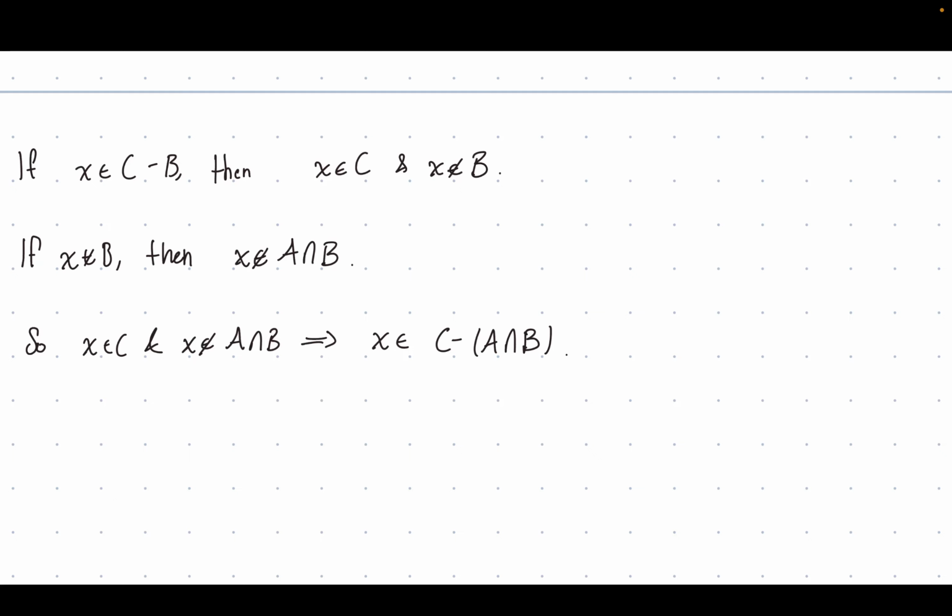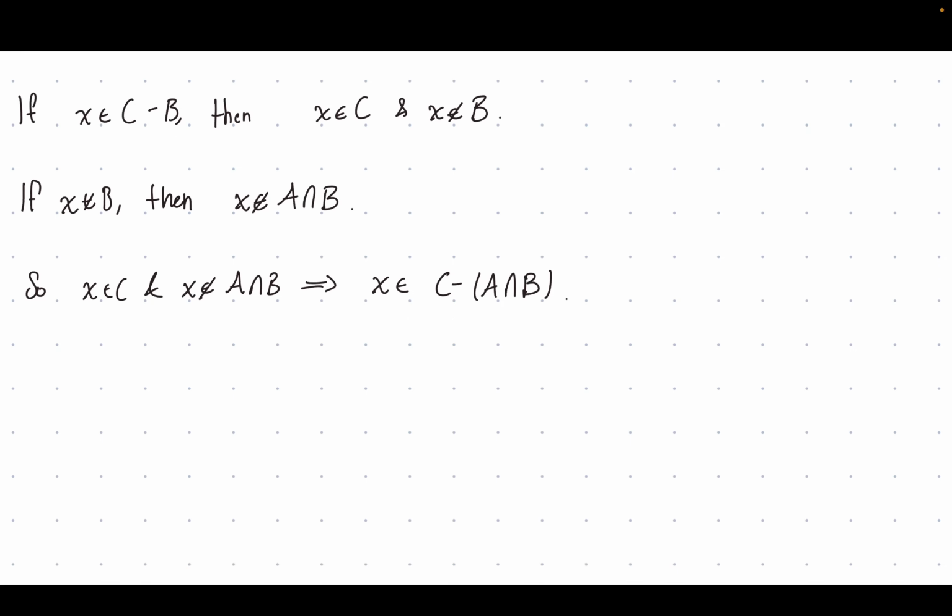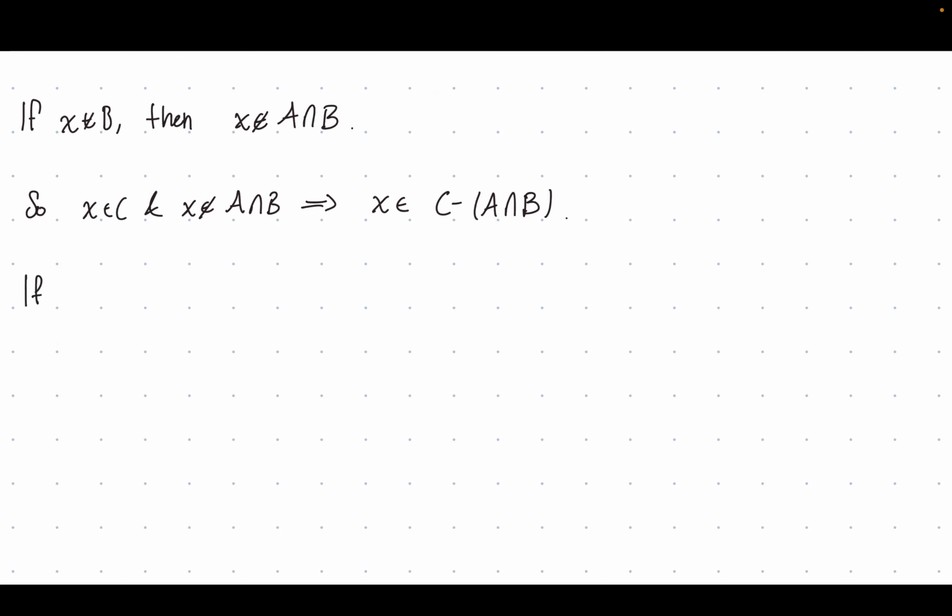And then if X is in C minus A and X is in C minus B, then clearly it has to be included in this set by both routes.